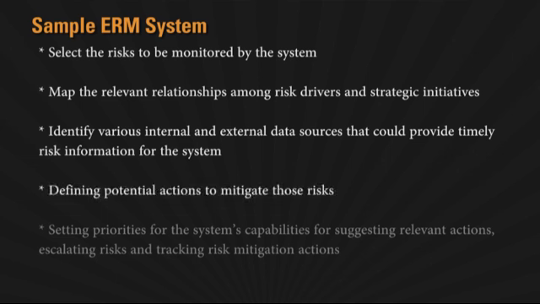You'd define potential actions to mitigate those risks. You'd set priorities for the system's capabilities for suggesting relevant actions, escalating risk, and tracking risk management actions. In many ways, this is the traditional risk management process, but broadened for the larger context of total risk in an organization. Let's turn to a couple examples of how this can work in practice.